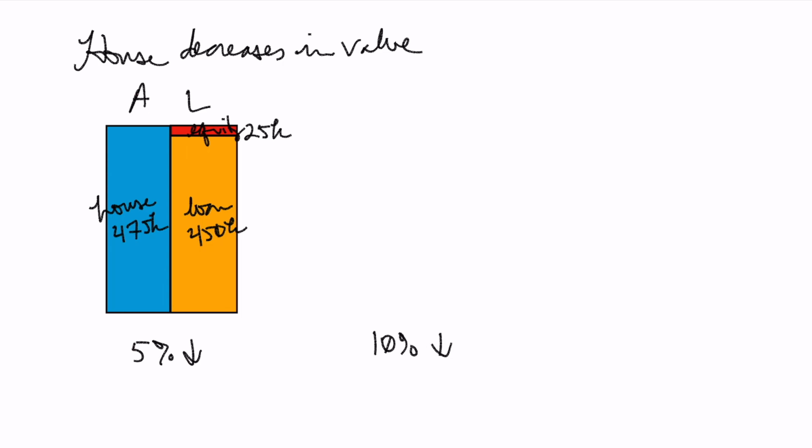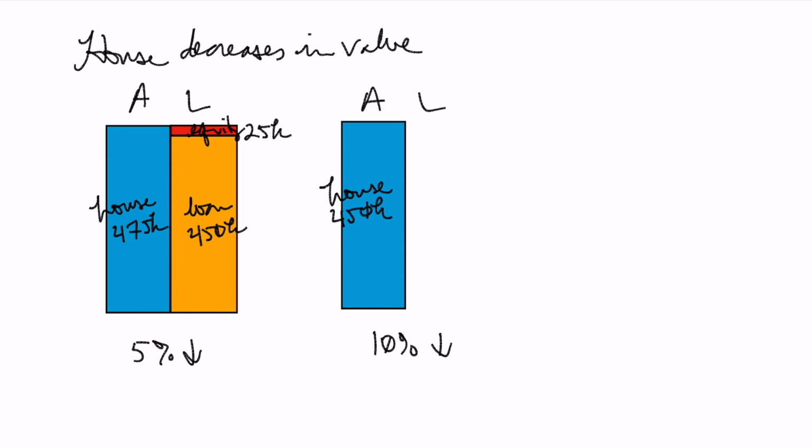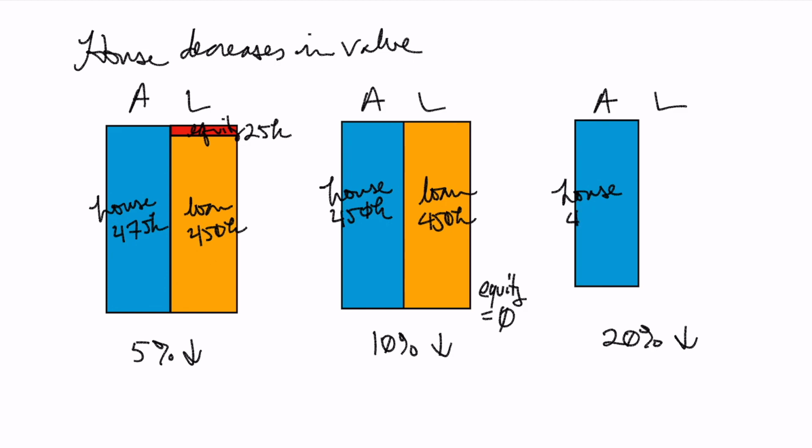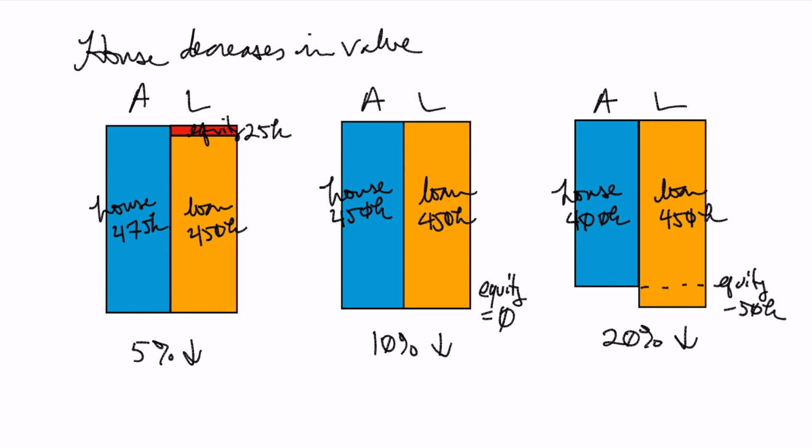Likewise, a 10% decrease would result in losing 100% of the original equity of $50,000. At a 20% loss, your equity is minus $50,000.